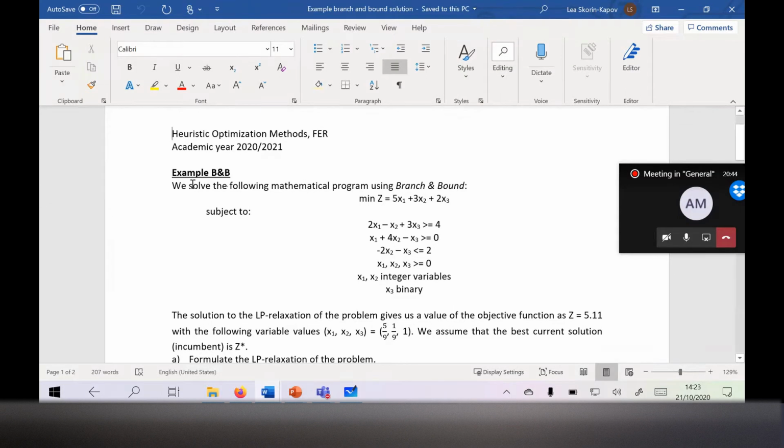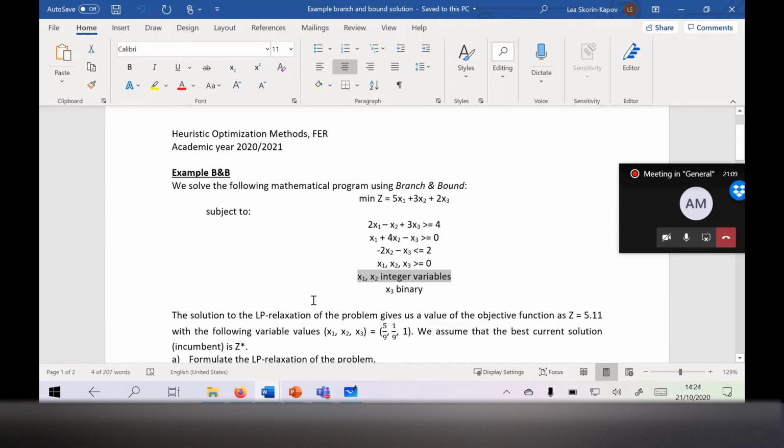Okay, so this is an example branch and bound. We have the following mathematical problem. We're trying to minimize this equation. Our variables are x1, x2, x3. So we're looking for the values of x1, x2, x3, which minimize this expression, subject to a number of constraints. We also know that x1 and x2 are integer variables, and x3 is a binary variable.